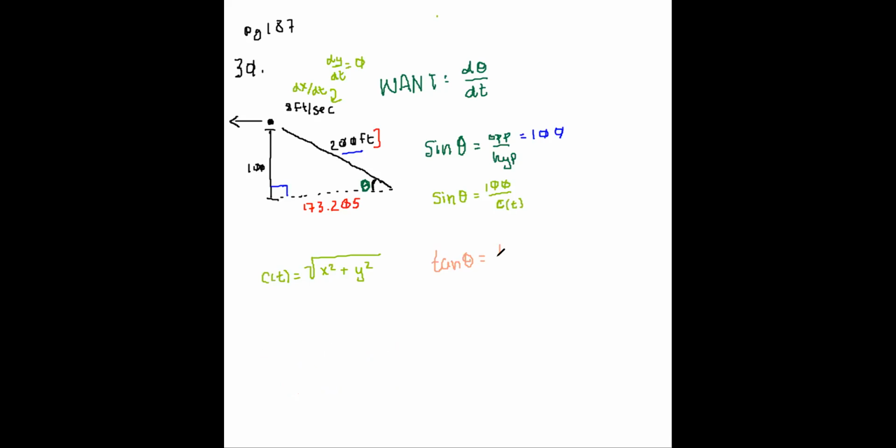so tangent is opposite over adjacent. So that would be 100 over 173.205. So we would have theta is equal to tan^-1 of this number.